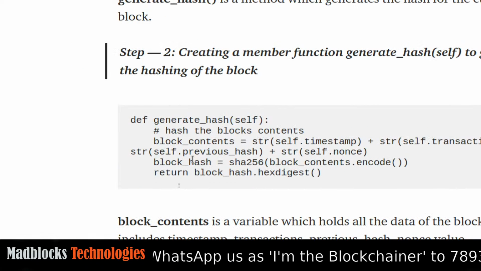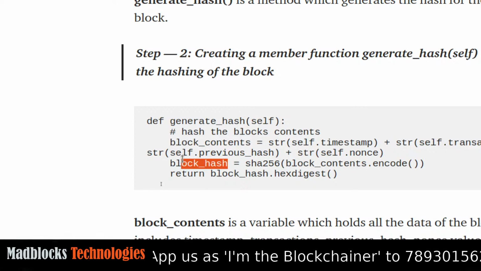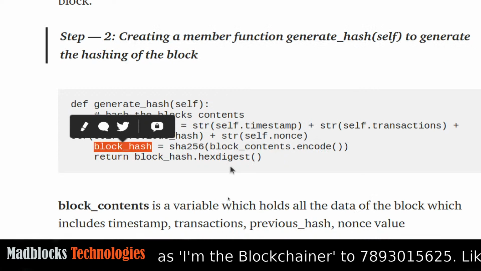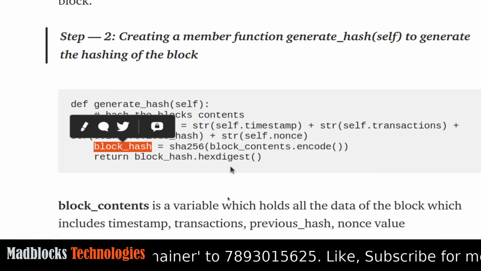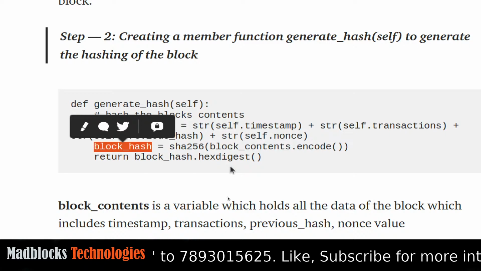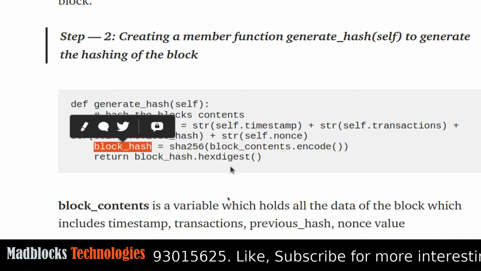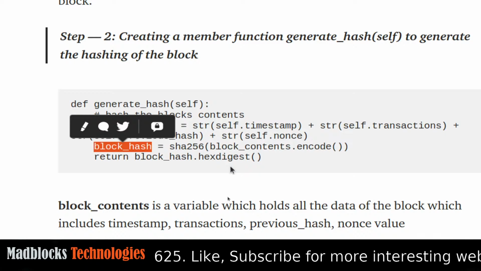From that object we wanted to pass only the respective values which are alphanumeric, which is nothing but the hash value. If you want the hash value, you need to call dot hexdigest. Okay, so this is step 2.